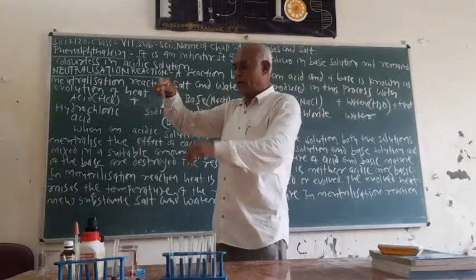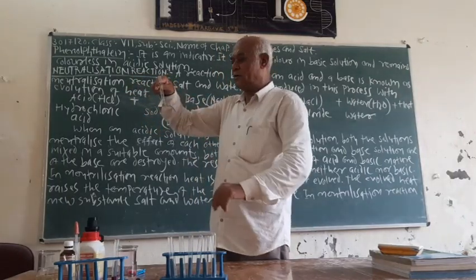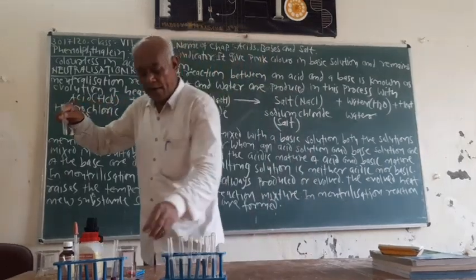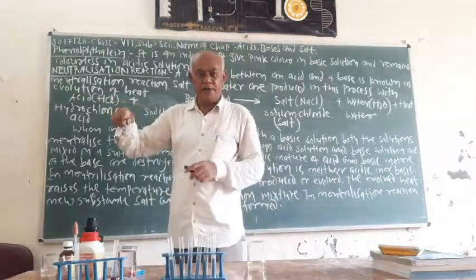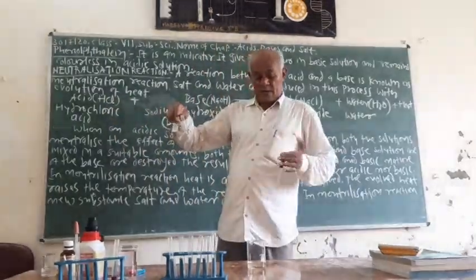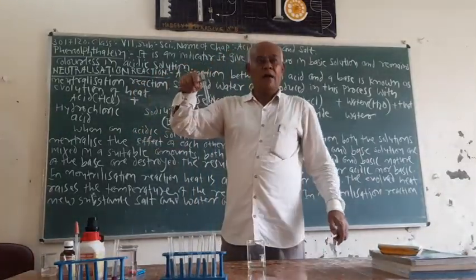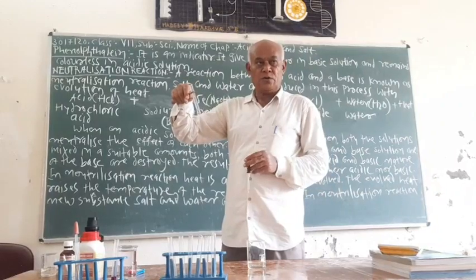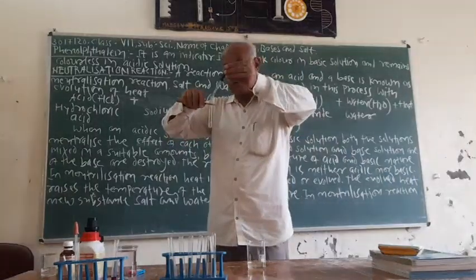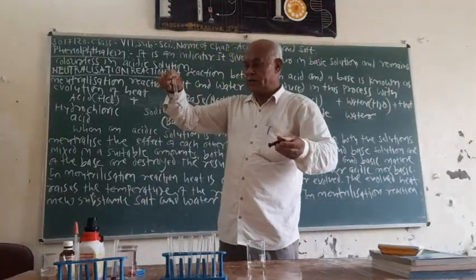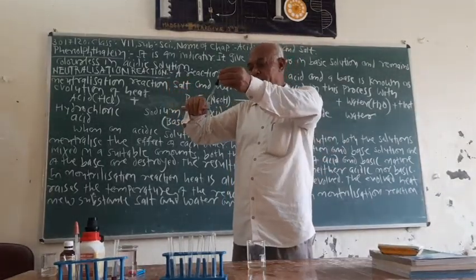So I put 2 to 3 drops of phenolphthalein solution in hydrochloric acid. Now I put drop by drop the basic solution, sodium hydroxide, into the test tube which contains hydrochloric acid and 2 to 3 drops of indicator solution, and see what happens. You see that a pink color appears and disappears here.